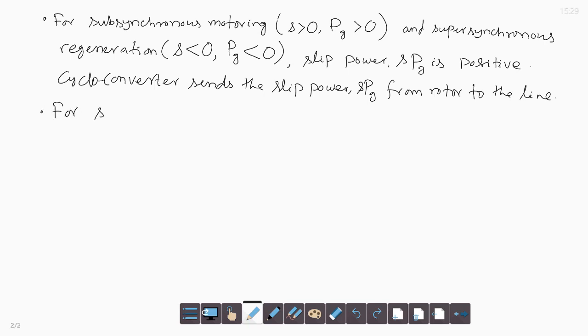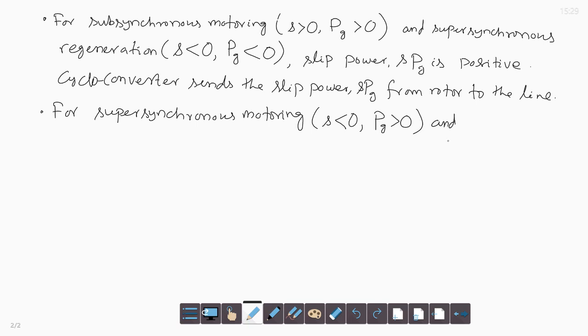For supersynchronous motoring, slip is negative, but for motoring air gap power is positive, and for subsynchronous regeneration, for subsynchronous speeds S is positive, but for regeneration PG is negative.